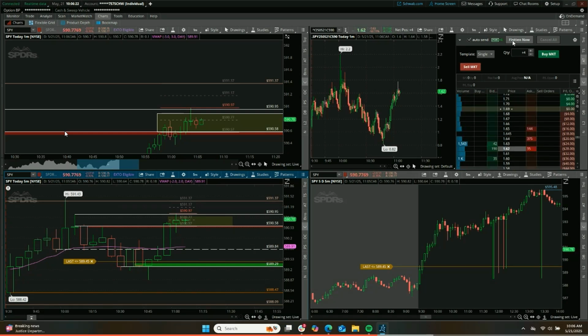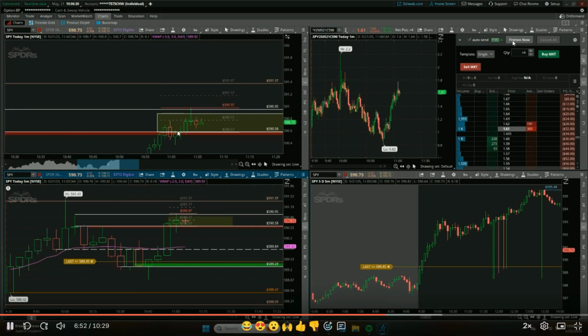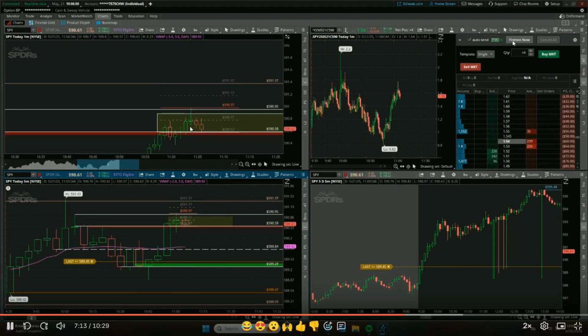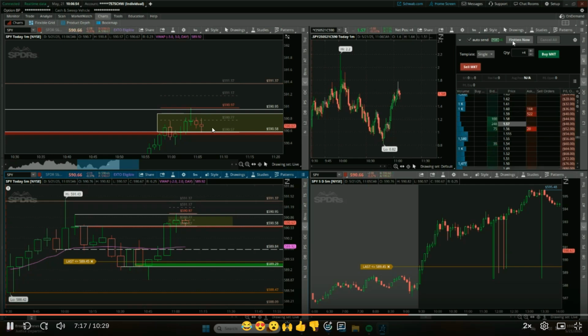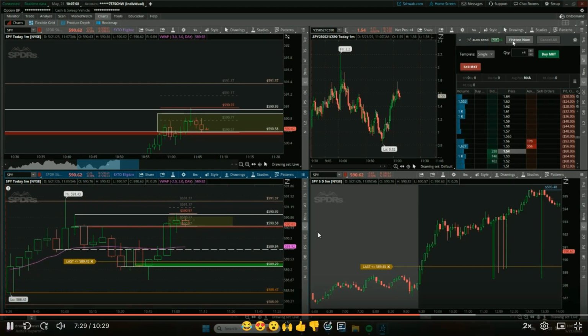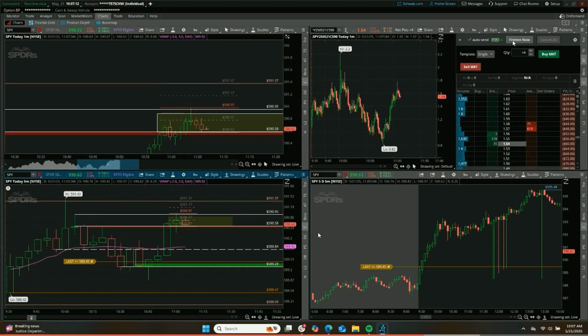If it does not, the trade is still alive. Now, here's the thing. If it does not, and you get a push, we call that, as my coach calls it, the second chance push. That is a way to get out at either a small loss or a small gain. So that applies here.